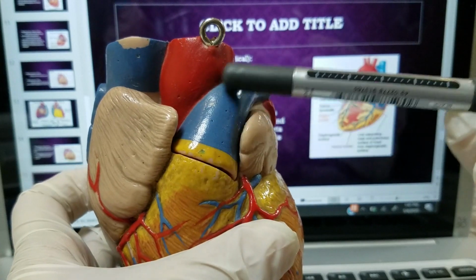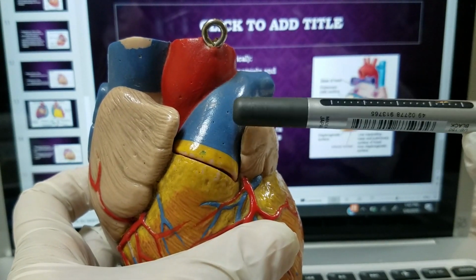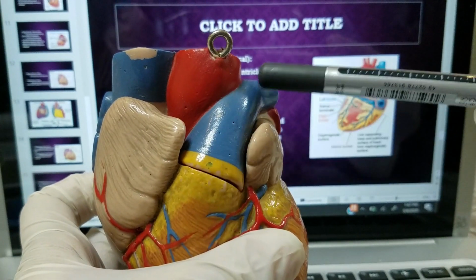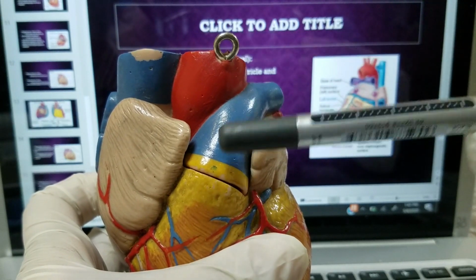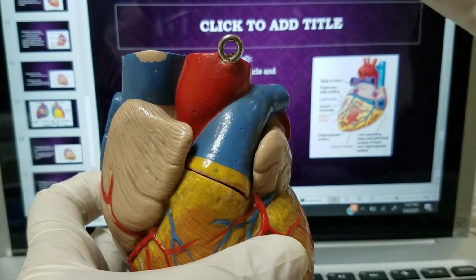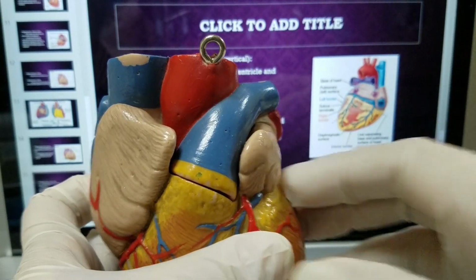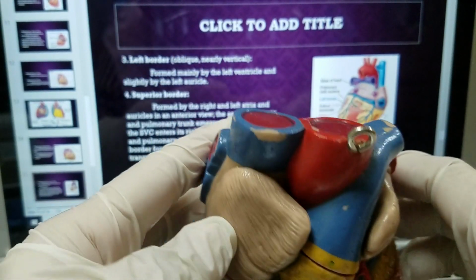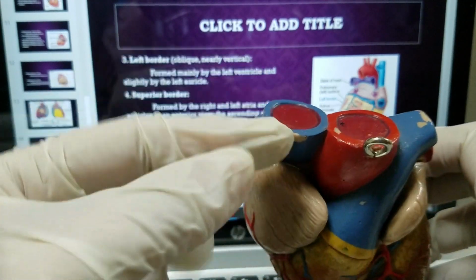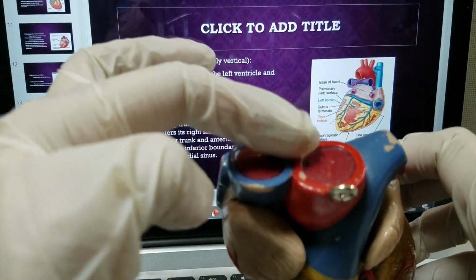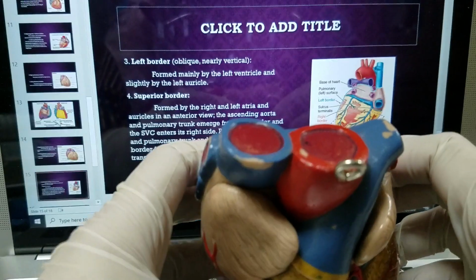This is the border where all the great vessels leave and enter the heart. The pulmonary trunk and the aorta emerge from this border. The superior vena cava enters its right side, posterior to the aorta and the pulmonary trunk, and anterior to the superior vena cava. Almost at this part is the boundary of the transverse pericardial sinus.